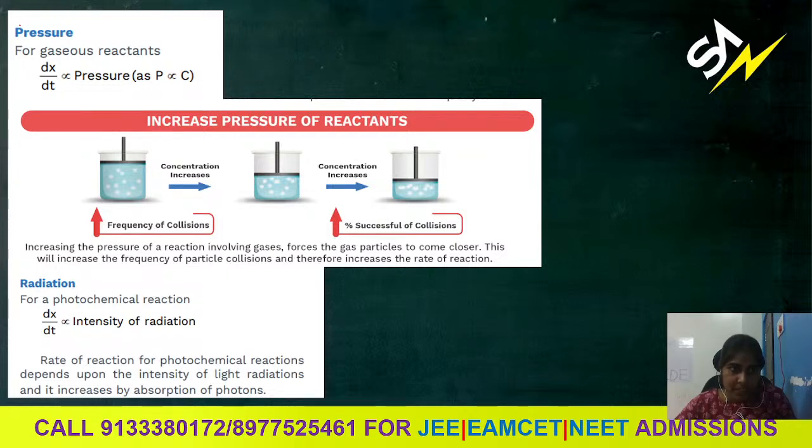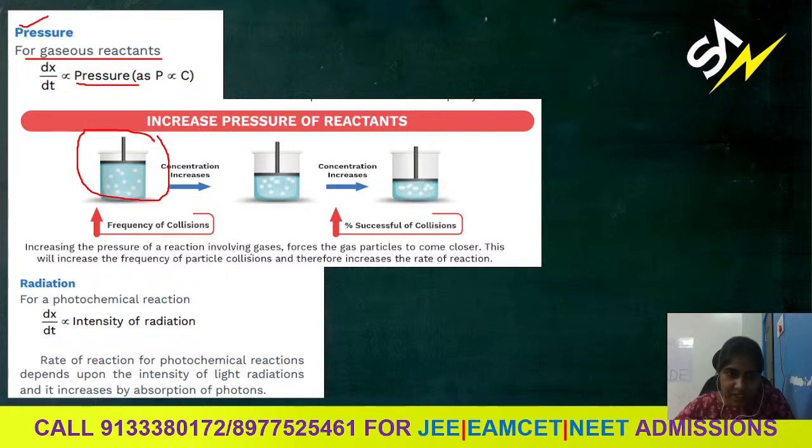Now let's see one more factor, that is pressure. For gaseous reactants, let us take the reactant in a gaseous form. The rate of the reaction is directly proportional to pressure. If we take a reactant in a container in this way, and apply pressure on these reactants, the concentration of the reactants will be increased and there will be more successful collisions, which results in formation of products.